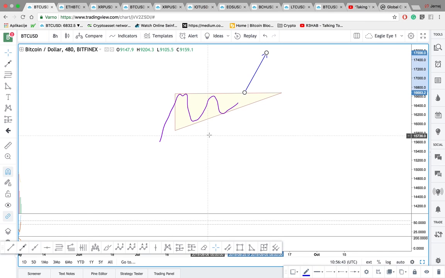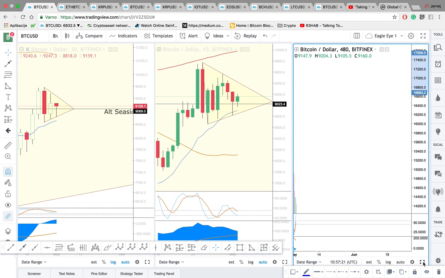Well, it means that if this holds true, we might see a nice breakout on the market cap, meaning that all the coins together, Bitcoin and all the altcoins, might rise after this breakout, because we have expansion and compression all the time in the market. Compression is when you're getting a tighter and tighter range, and then expansion when we break through that. So that's an interesting thing to watch. So let's dive in deeper into the Bitcoin charts.